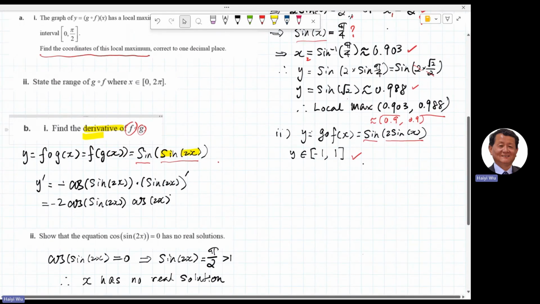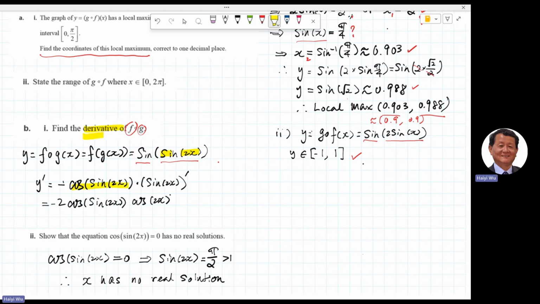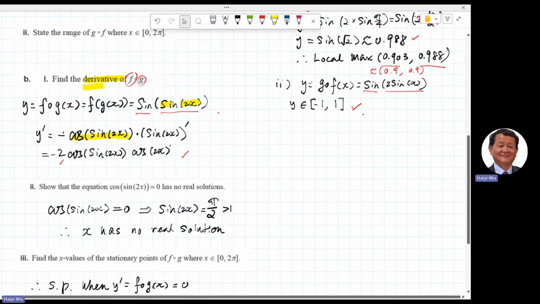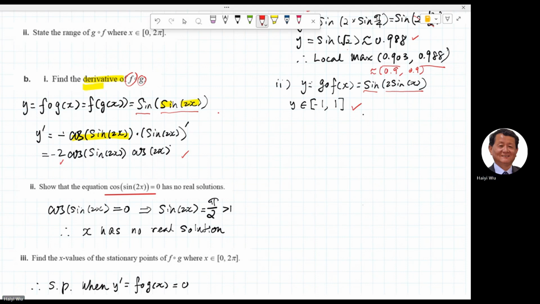We differentiate sine, which is cosine. Then we differentiate sine 2x: cosine 2x, then 2 to the front. So the answer is that. Now we want to show that the equation cosine of sine 2x equal to 0 has no real solution. How do we do that?